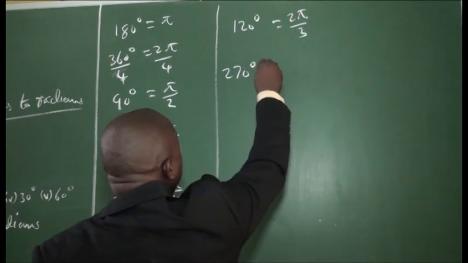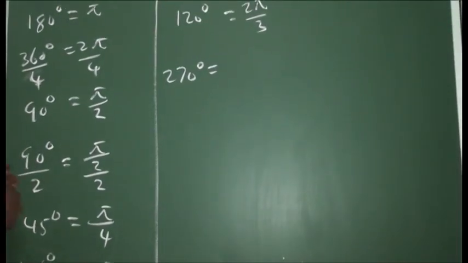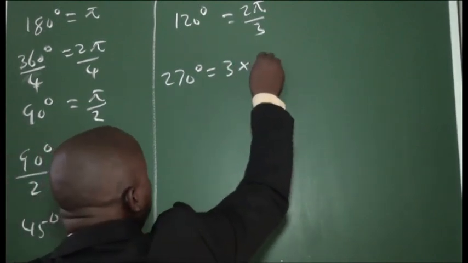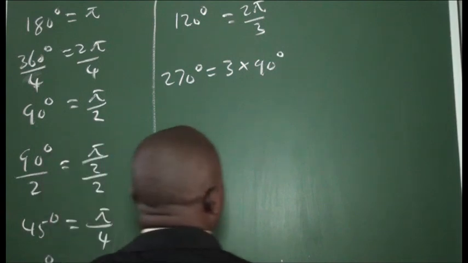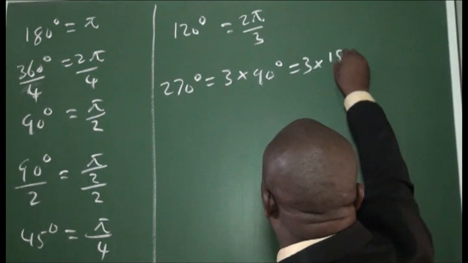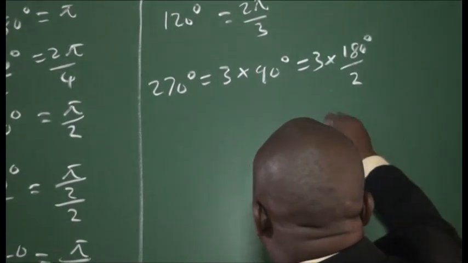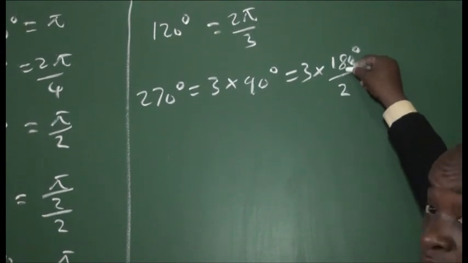And we know that 270 degrees, let's use this in this way. 270 degrees equal 3 times 90 degrees. And that will give us 3 times 180 degrees over 2. Of course, 180 degrees over 2 is 90 degrees.